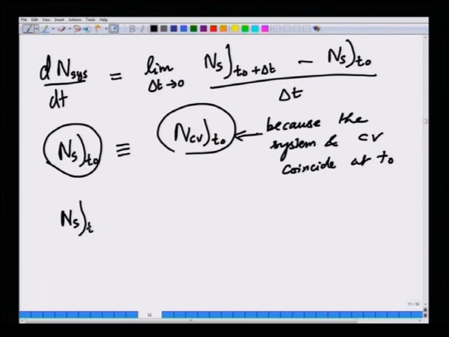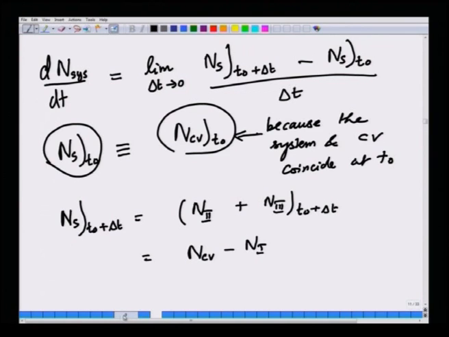But at a later time t0 plus delta t, the system is comprised of N2, which is the common region between the system and CV at time t0 plus delta t, plus N3 at time t0 plus delta t. But N2 is nothing but NCV minus N1.